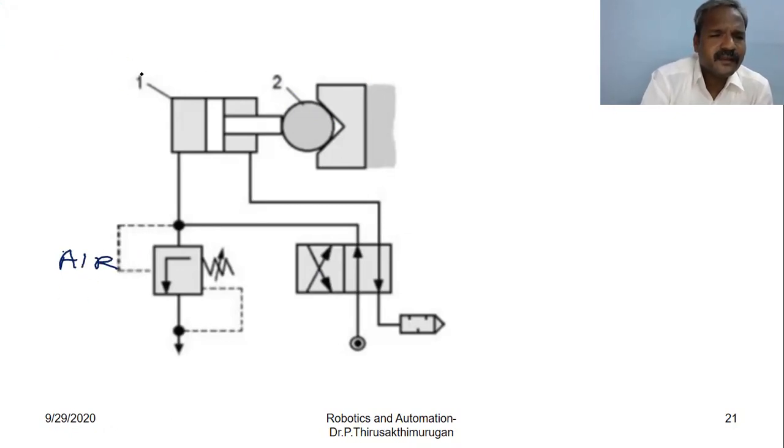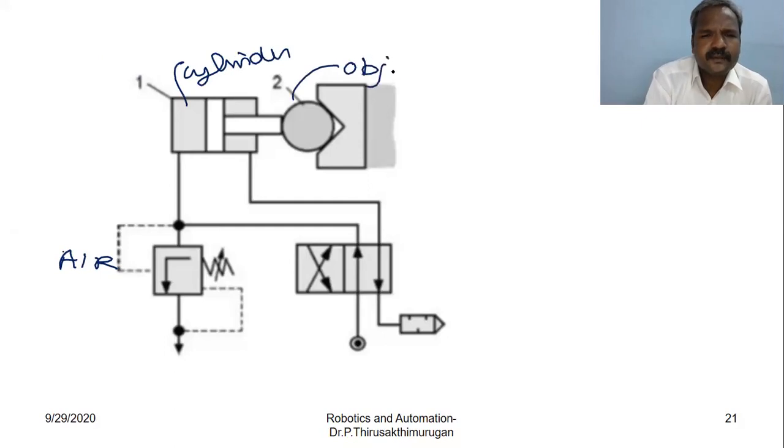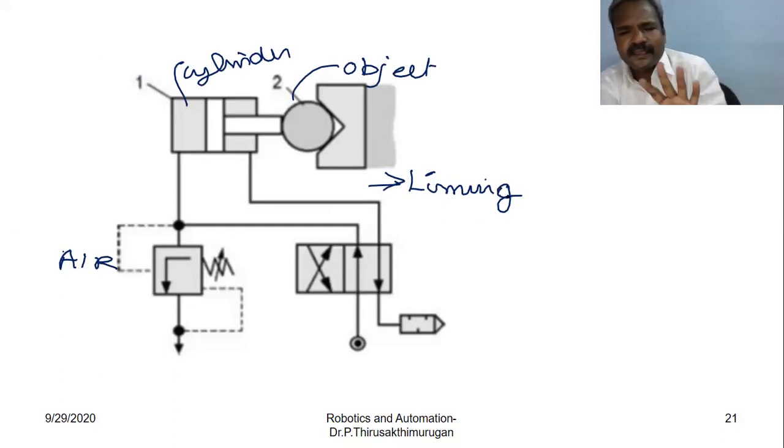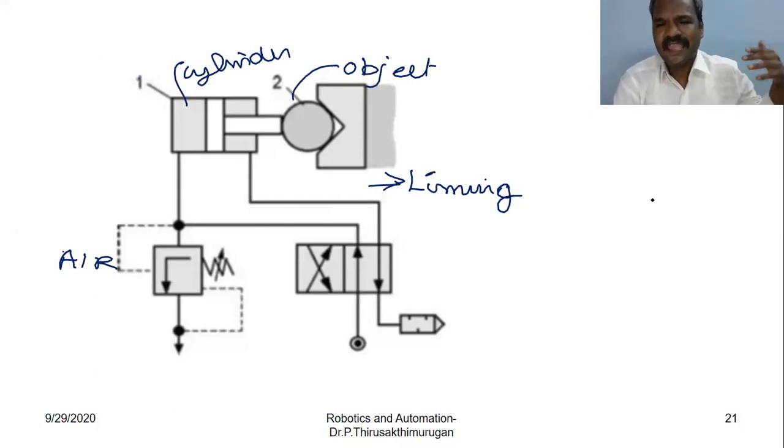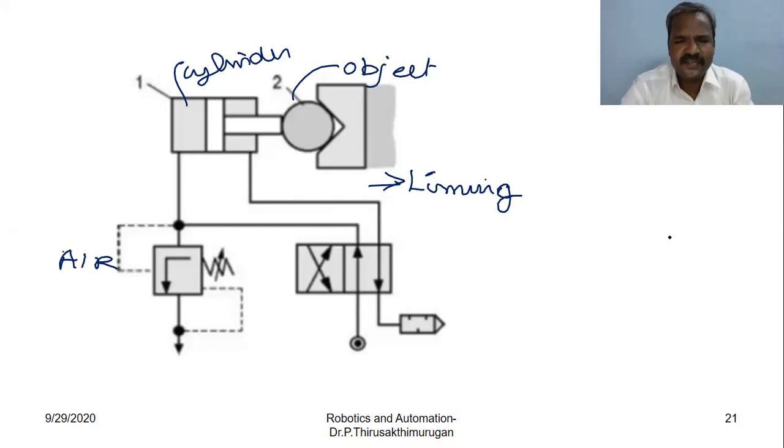So this is the cylinder and this is the object. This schematic diagram shows how we can limit the gripping force: it can be maintained or limitedly applied by means of an air regulator, by passing a sufficient air regulator.